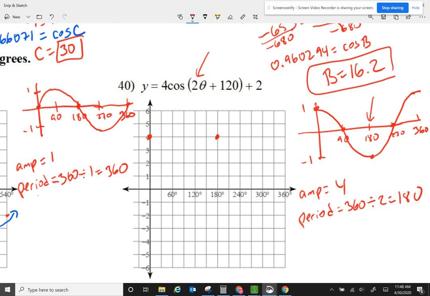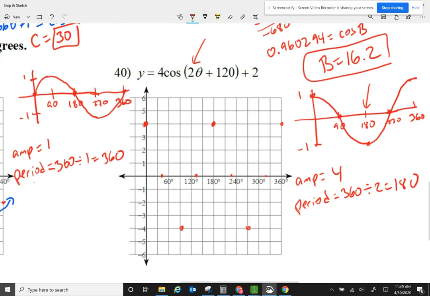So at 90 degrees, it's going to be at -4. So that's what I have right now. That takes care of the amplitude and the period.